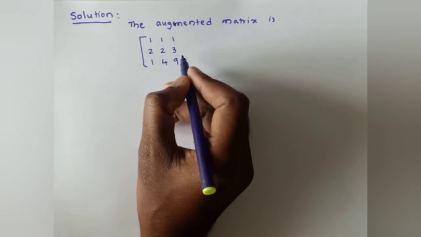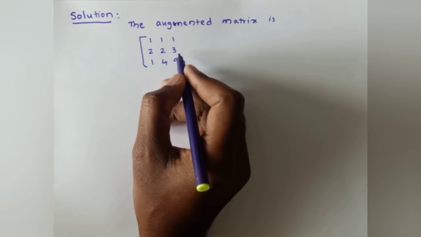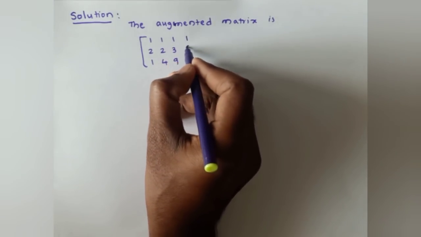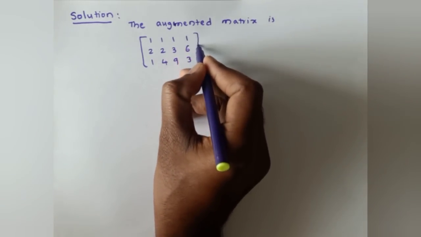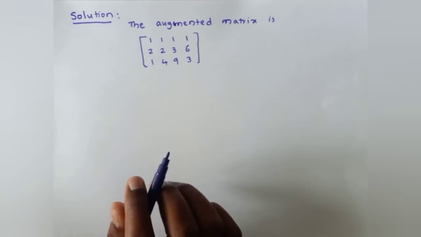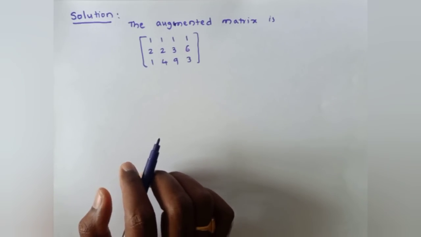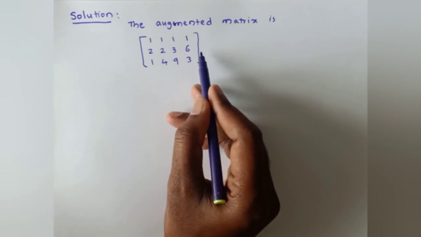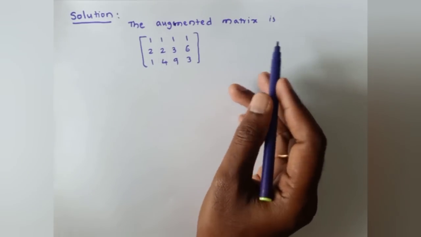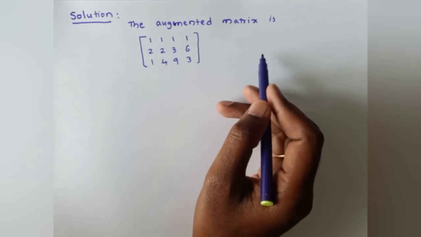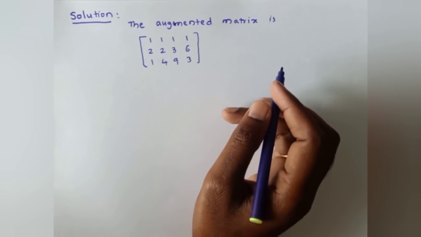These are the coefficients of the given system, and the constants are 1, 6, 3. By applying row operations, you need to convert this augmented matrix to 1 0 0 some constant, 0 1 0 some value, and 0 0 1 some value.